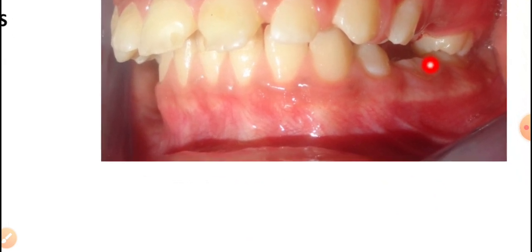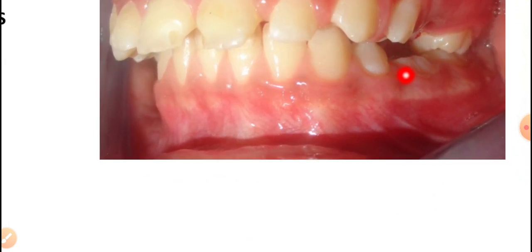Secondly, if there are any infra-occluded deciduous molars, as we can see here, these are all permanent dentition. There is one ankylosed infra-occluded molar which is causing a localized posterior open bite. So infra-occluded deciduous molars may contribute to the posterior open bite.